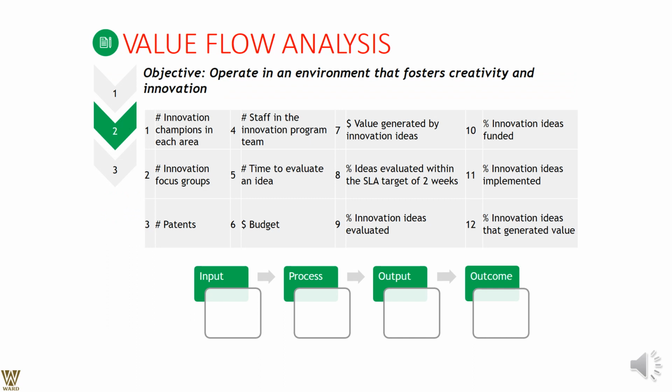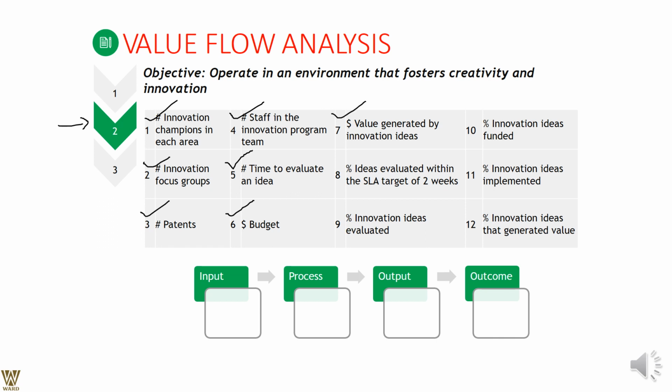So we'll continue with the second segment. As far as the value chain analysis or value flow analysis is concerned, there are 12 areas that need to be talked about. It is the innovation champion, the focus group of innovations, the customer that comes around it, the staff on the innovation program, the time to evaluate an idea, and the budget that is being given.